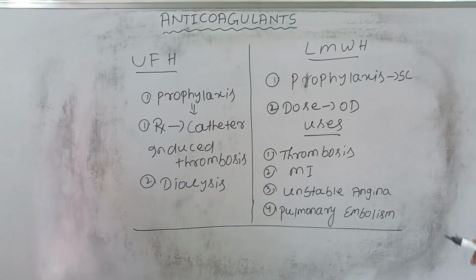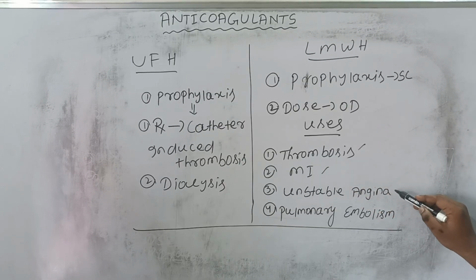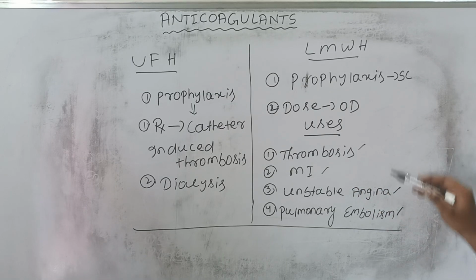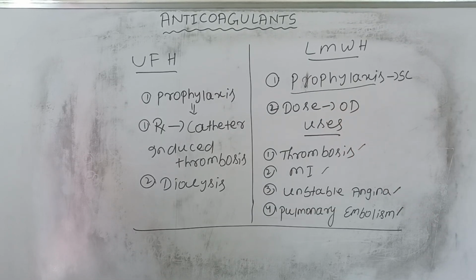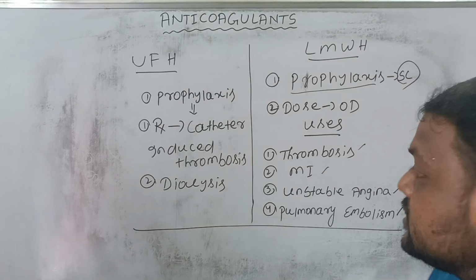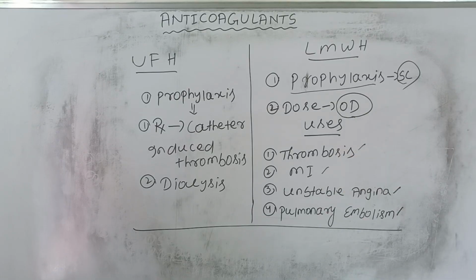The LMWH is used in the thrombosis, MI, unstable angina, and the pulmonary embolism. It is also used as a prophylaxis, and the route of LMWH is subcutaneous. The dose is once daily.